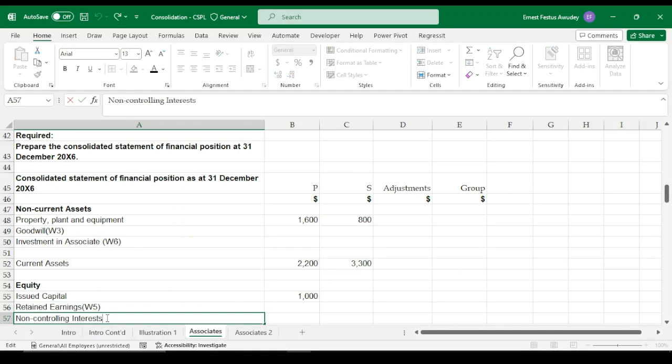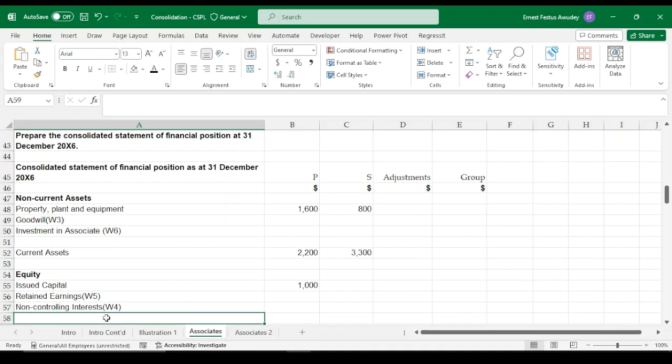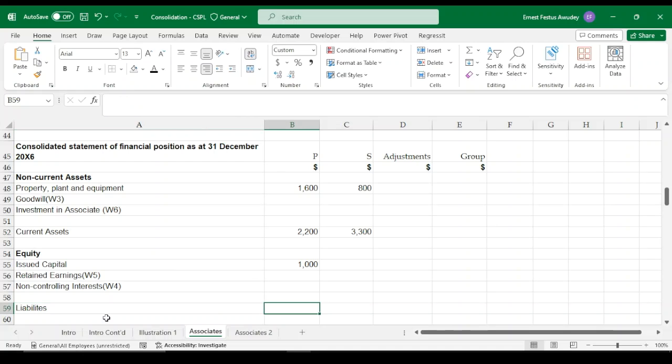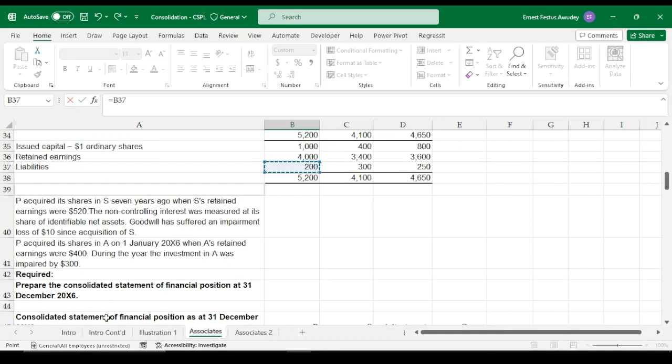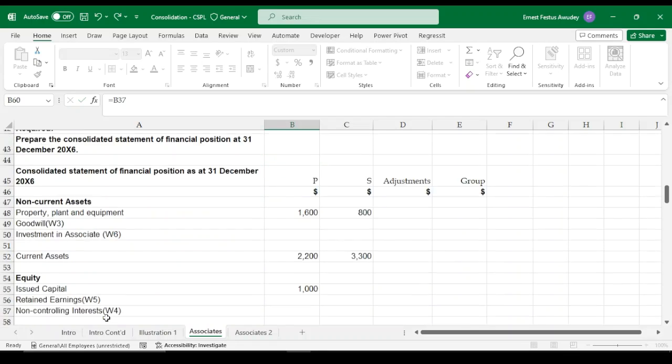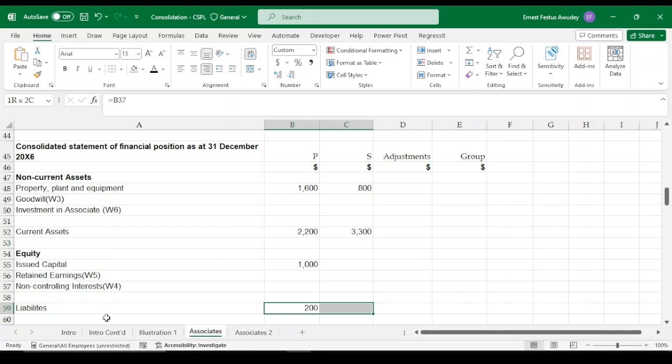Non-controlling interest is going to be our workings 4 right there, and then let's link up that of our liabilities from the separate financial statements. So I have that, and then I can do Control R to link the figures there. So we have our pro forma consolidated statement of financial position perfectly set up for us.